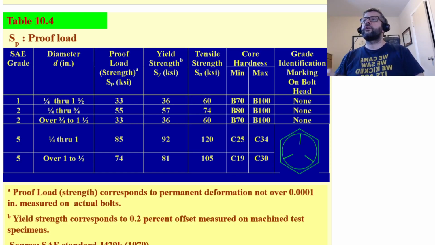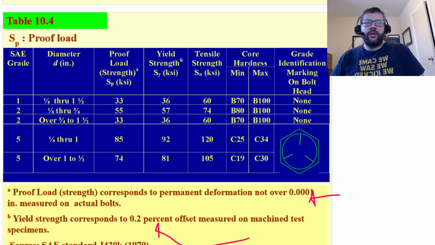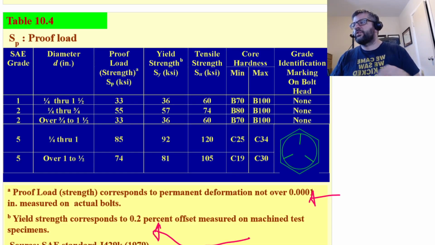Again, this is measured on actual bolts, so this is not a calculated value. This is experimental data. It's basically a more stringent version of what we would typically talk about as yield strength, where we're talking 0.2% offset on a machined test specimen.